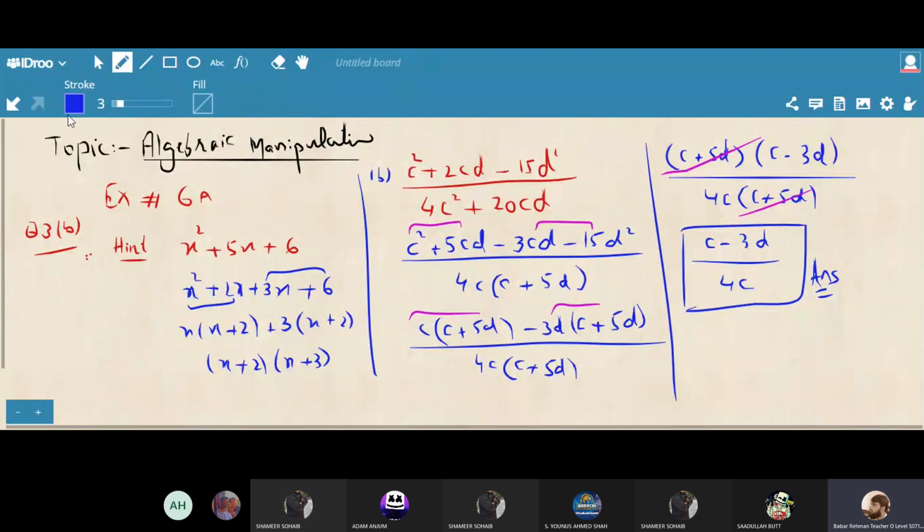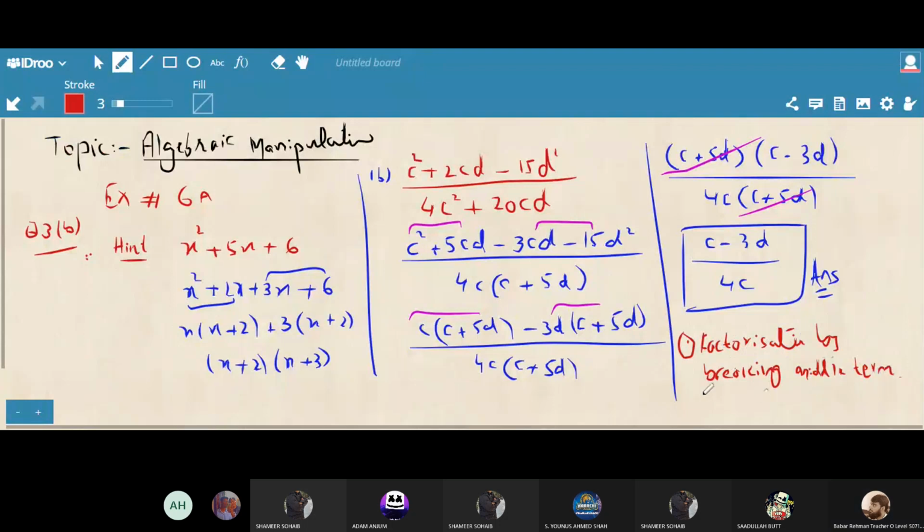Please keep in your mind that you must remember, number one, factorization by breaking the middle term.